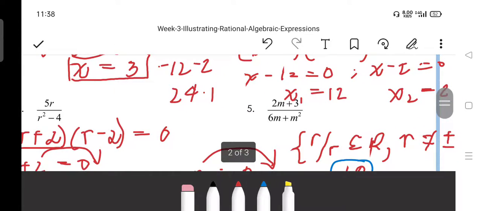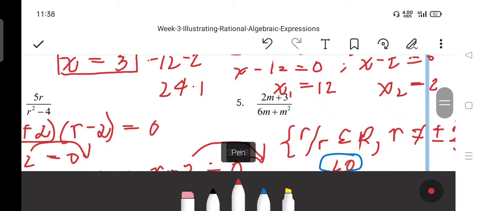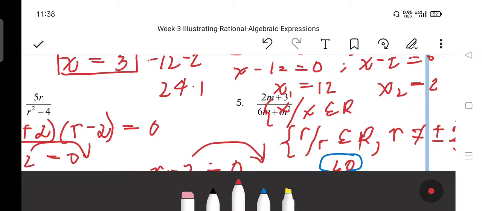Then in set notation, we have the set of x such that x is an element of real numbers provided that x should not be equal to 12 and 2. Okay, that's it. So that's for number 4.